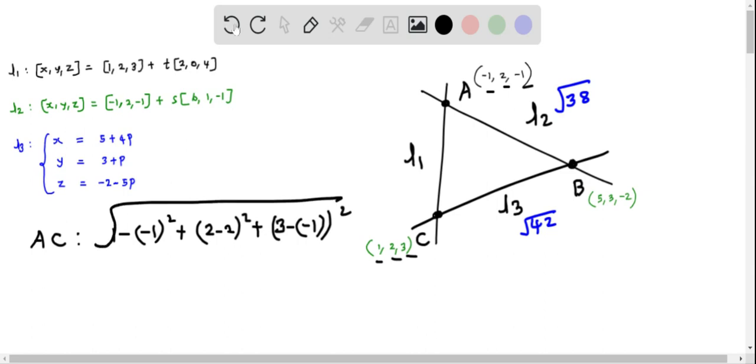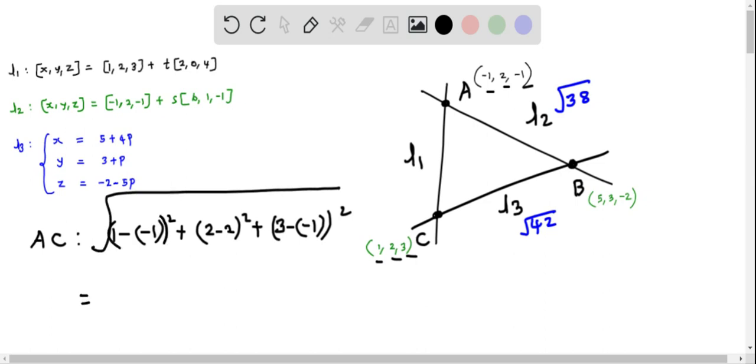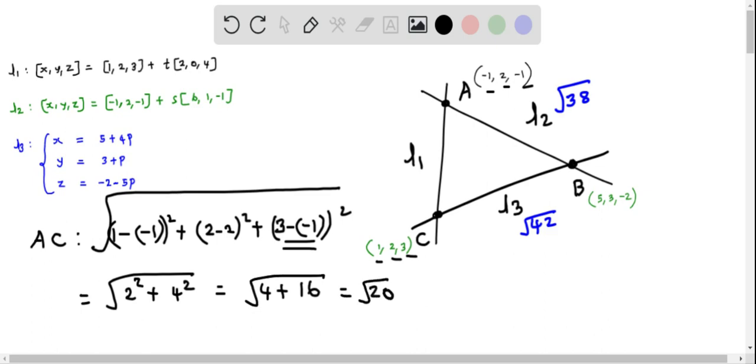So this becomes 1 plus 1, this is 2 square, plus 2 minus 2 is 0, 0 square is 0, and this is 3 plus 1, 4 square. So 2 square is 4 and 4 square is 16. So we get root 20. So I mark root 20 for the side length AC.